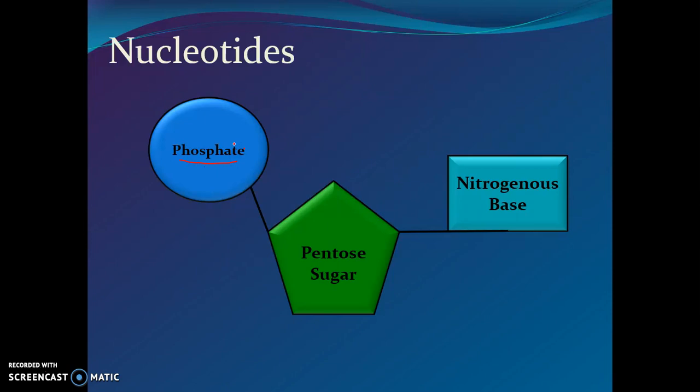In ATP, phosphate is the major part which releases energy after the breaking of the bond between the phosphates. So phosphate is attached to the pentose sugar, and this pentose sugar is attached to the nitrogenous base. There are 4 different types of nitrogenous base in nucleotides.